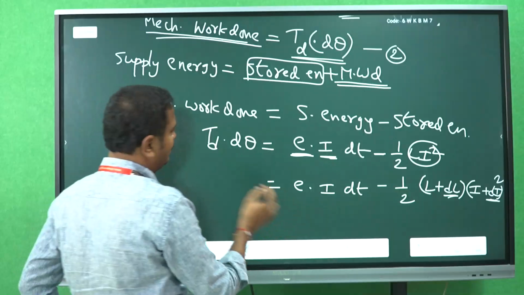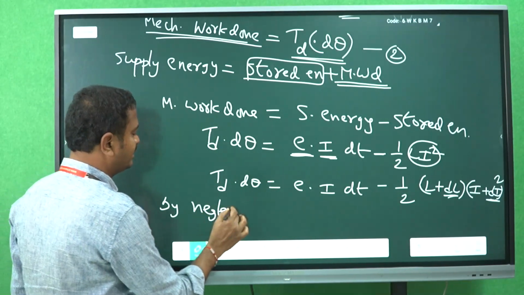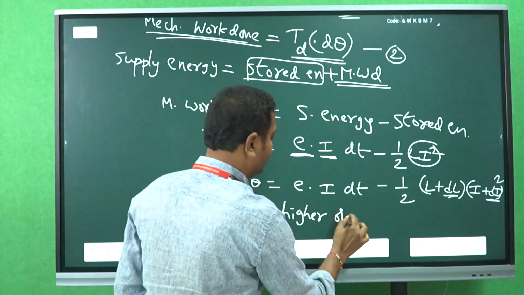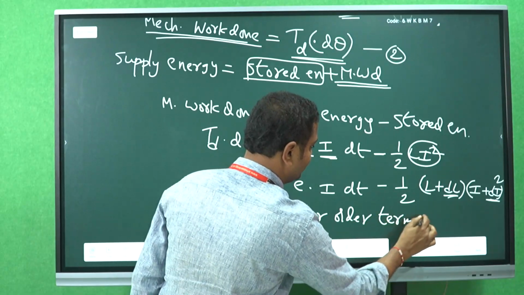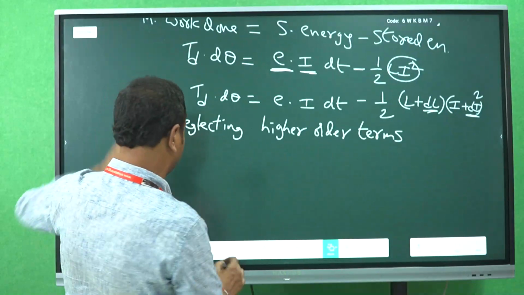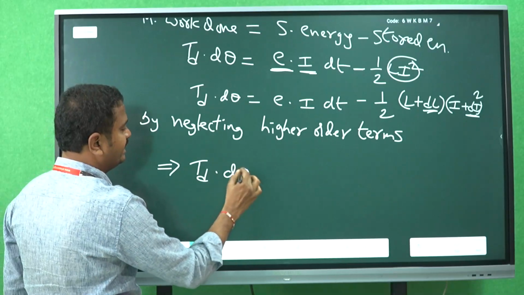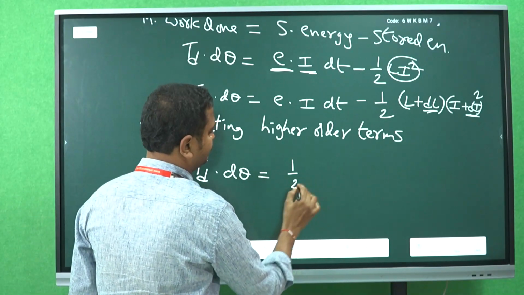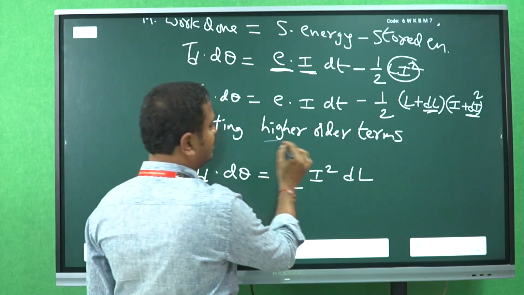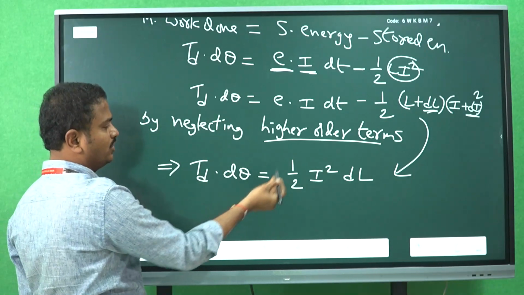Now, by neglecting higher order terms like I square terms, L square terms, the mechanical work done Td d theta is equal to half I square dL.